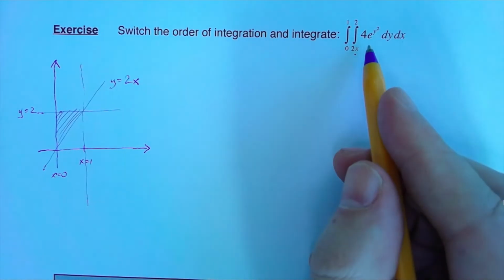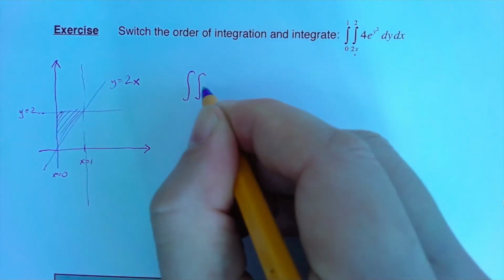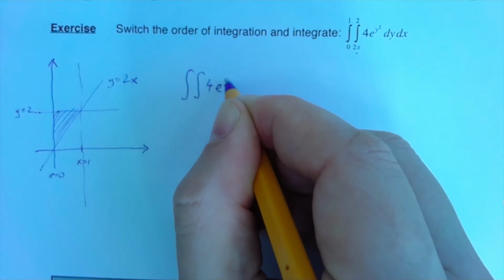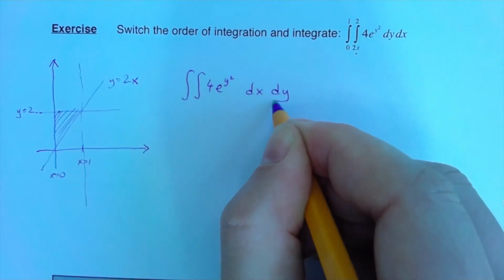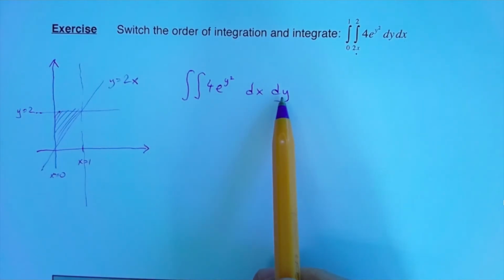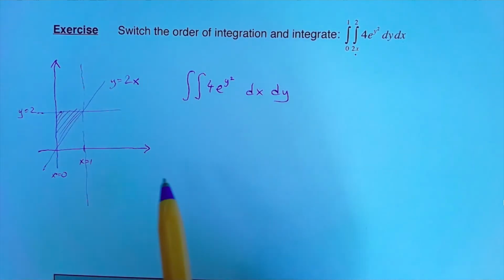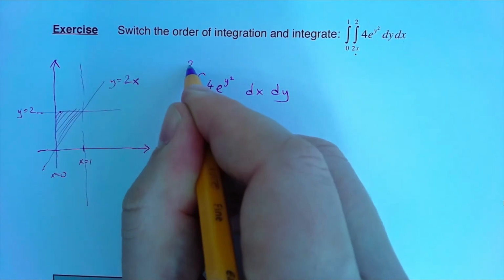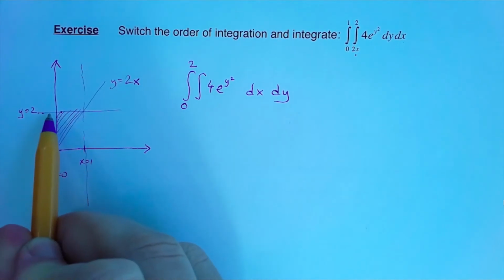So I can rewrite this expression here as an integral. 4e to the y squared doesn't change, but I want to express this region differently with dx dy instead of dy dx. So let's look at y. y goes from 0 to 2.